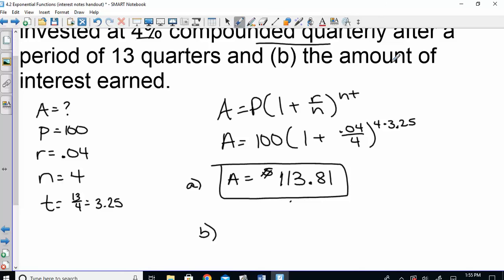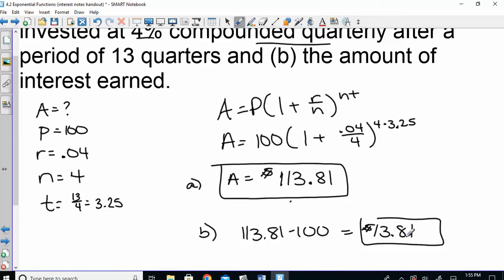We started with 100, we ended with 113.81. So if we subtract that, we get that we earned $13.81 interest. Is that one okay?